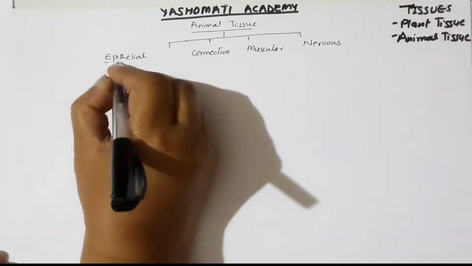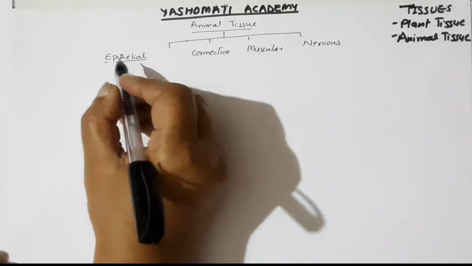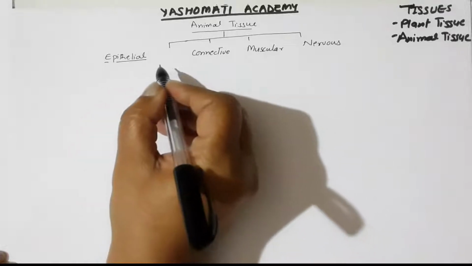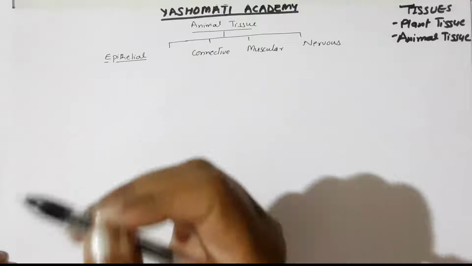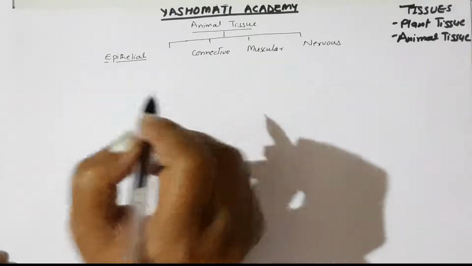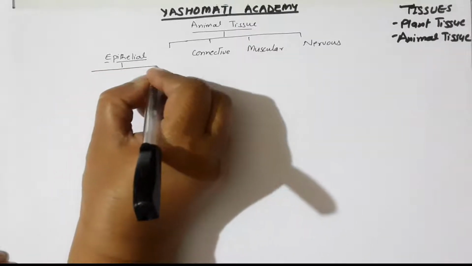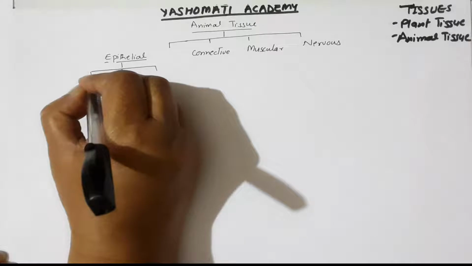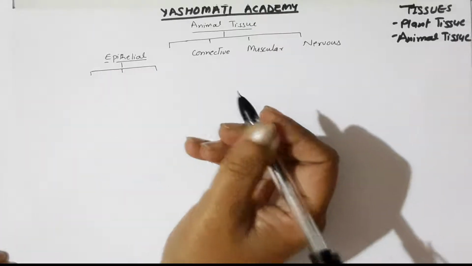So what is epithelial tissue? Epithelial tissue consists of specialized cells which cover the body from outside and from inside. These tissues are further of three different types depending upon their shape and structure.